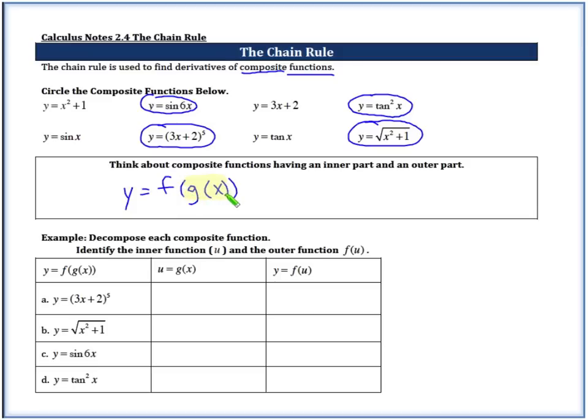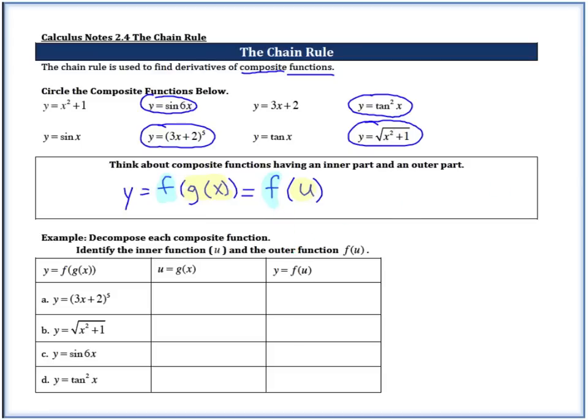So there's an inner function, g of x, and there's an outer function, and that's f. We could also write this as f of u, and we'll call u that inner function. So we have an inner part and an outer part.